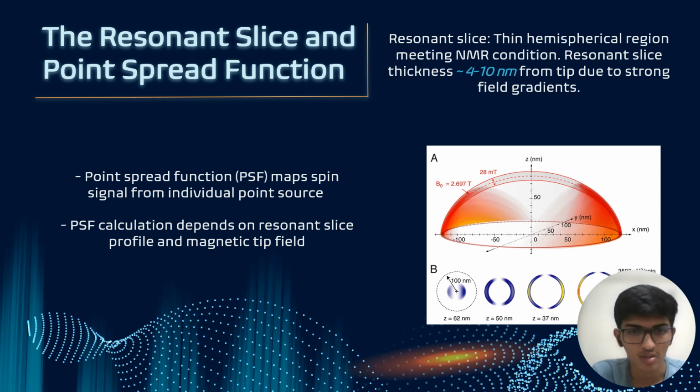The resonance slice is shown in red, with the magnetic field strength of 2.697 Tesla, and the spatial coordinates X, Y, and Z are marked in nanometers. Then part B shows the cross sections of the point spread function at different tip-sample distances. This point spread function represents the response or signal contribution from a single nuclear spin at a given position relative to the magnetic tip. So moving on.